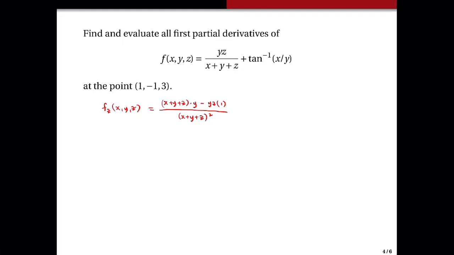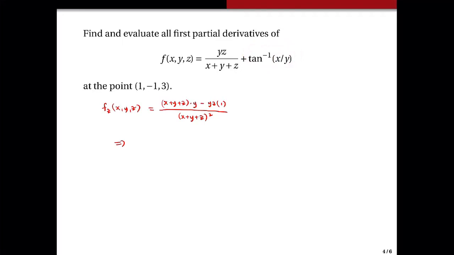Now, this guy here doesn't have a z. So with respect to z, this is just constant. Therefore, the derivative of that will just be 0. Okay?